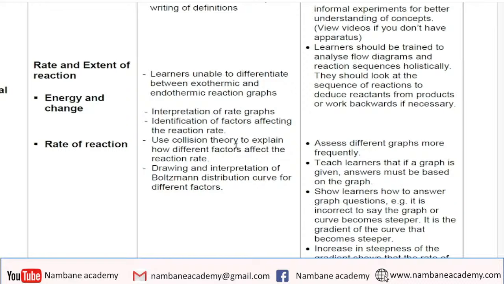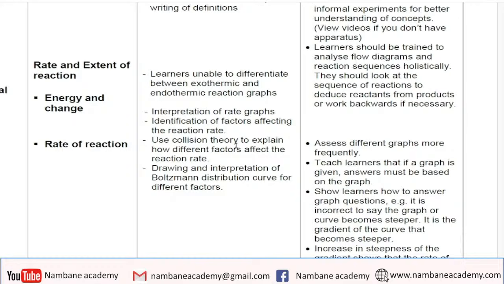We must know and be able to apply these. When we increase this, what will happen to the rate of reaction? Remember, for us to increase the rate of reaction, all these changes must be done in the reactants. We want to increase the rate of reaction to make the products fast. You can't change anything in the products, but you change the conditions in the reactants.